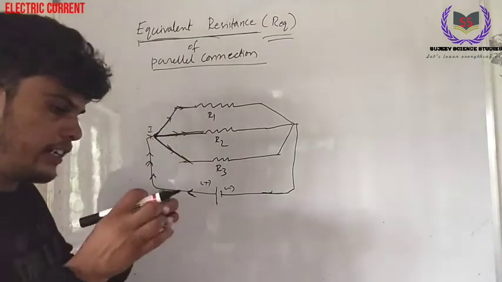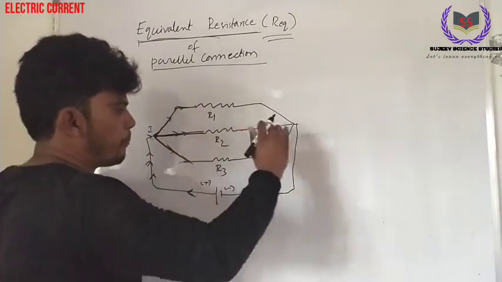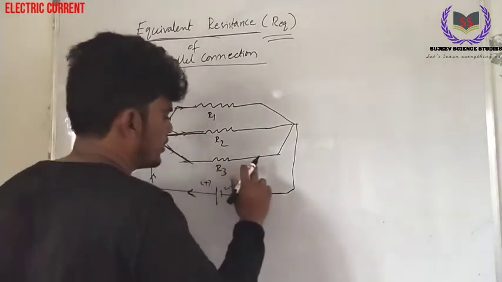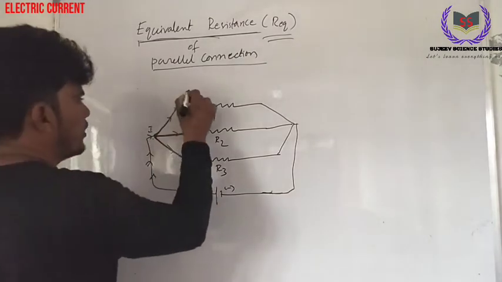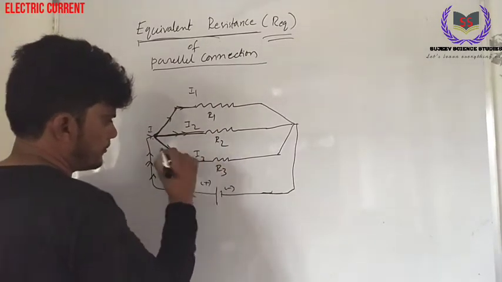So the current is not the same for everyone. For this, current I1, for this I2, for this I3.